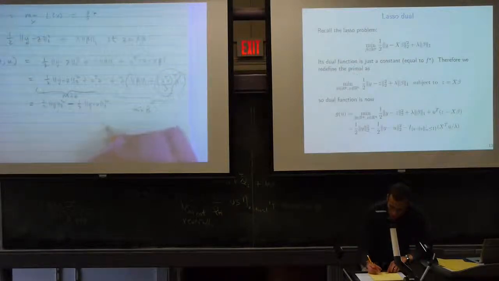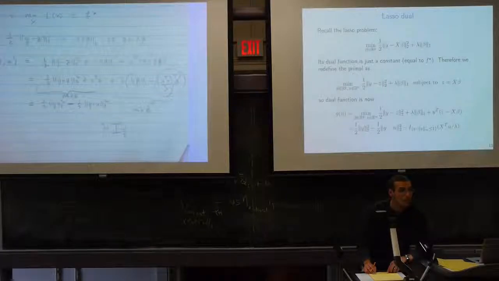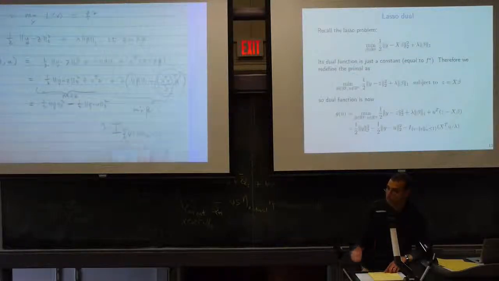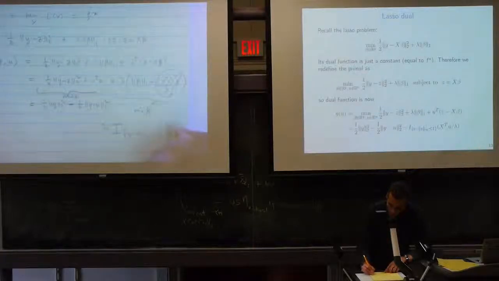So it's lambda times the indicator of being in the set. What's the set I'm supposed to write here? Set of all, we can just call it, v such that v infinity norm is less than or equal to 1. That's the dual of the L1 norm. So it's the indicator of the dual norm unit ball of the point x transpose u over lambda.